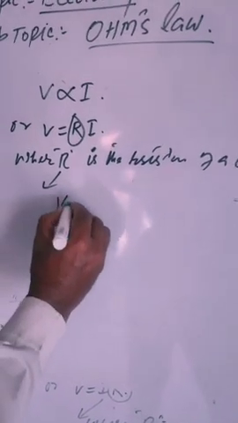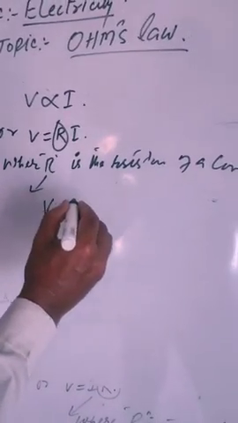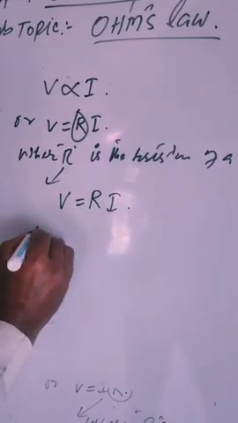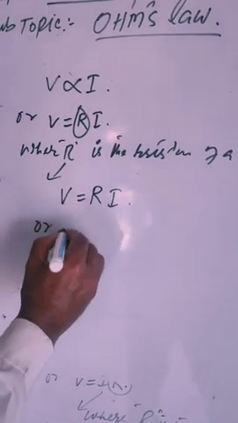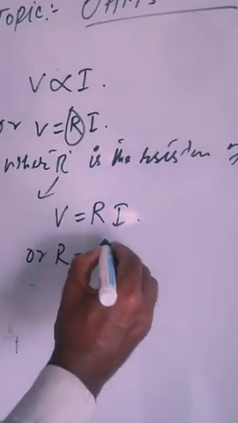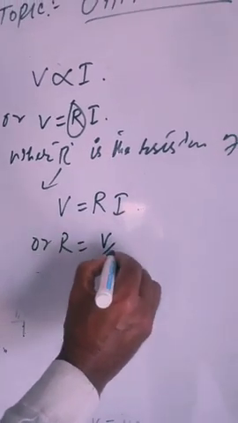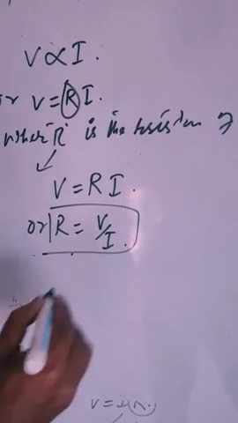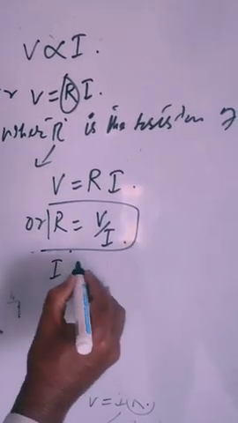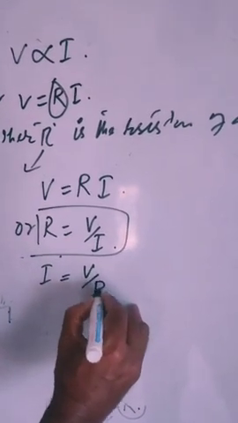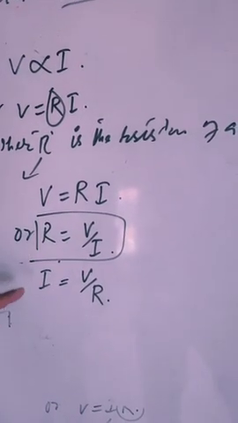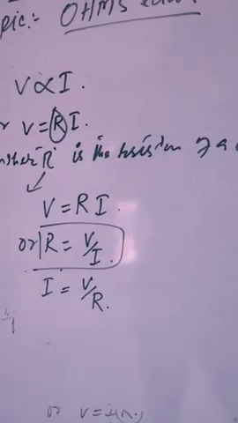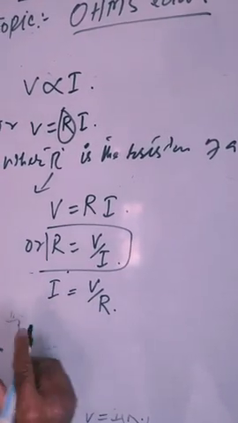That means we can say V is equal to IR, or we can say R is equal to V by I, or we can say I is equal to V by R.